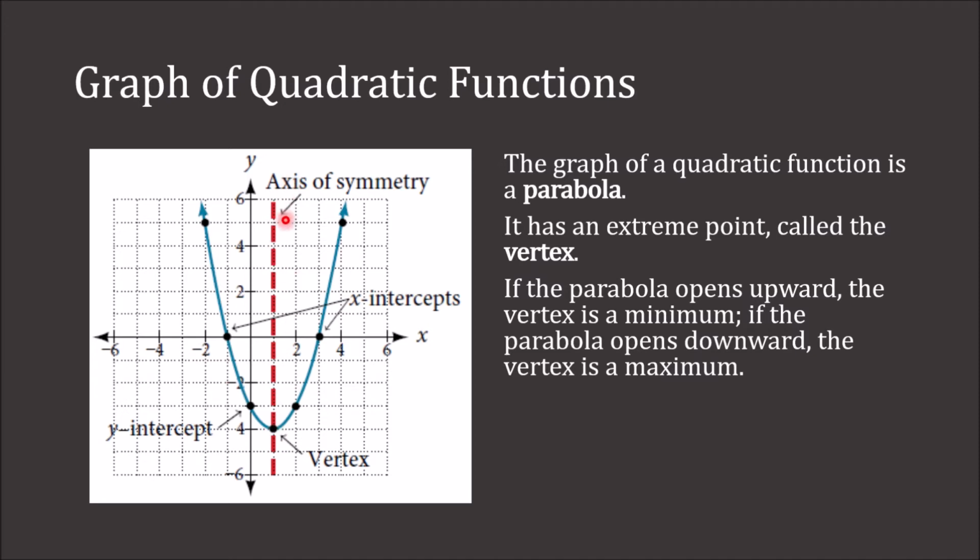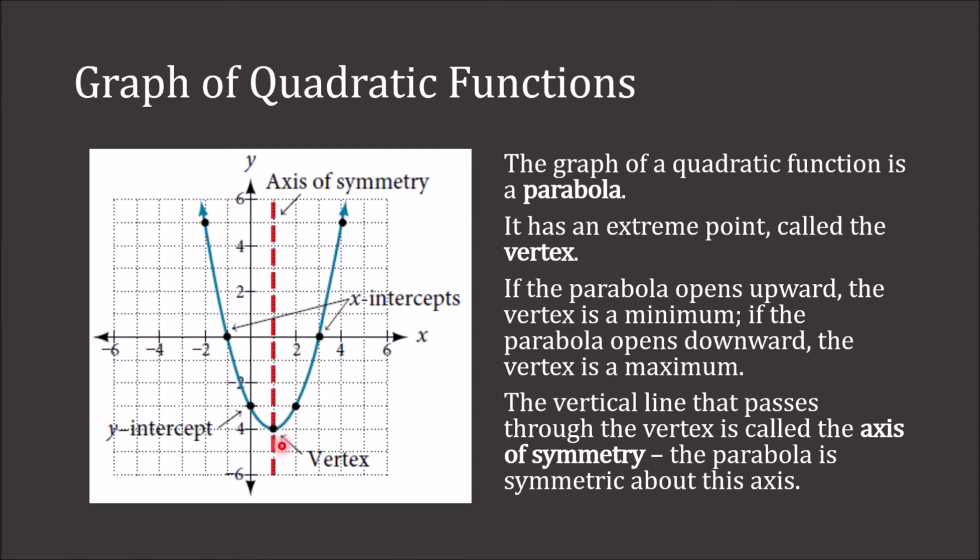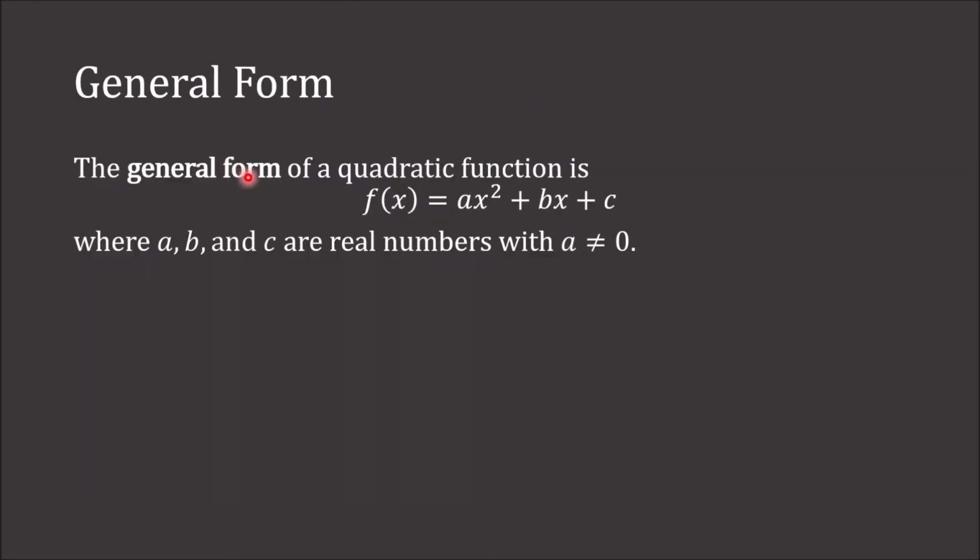This vertical line that passes through the vertex is called the axis of symmetry, so called because the parabola is perfectly symmetrical about this axis. The general form of a quadratic equation is f of x equals ax squared plus bx plus c, where a, b, and c are all real numbers with a not equal to 0.